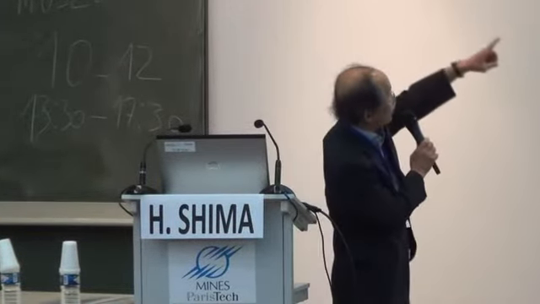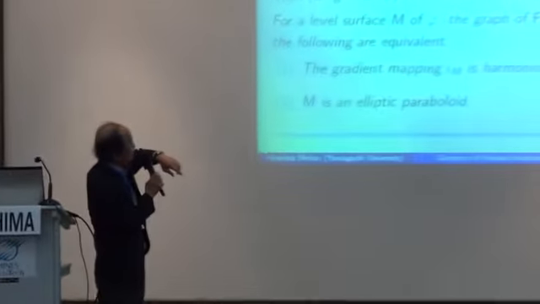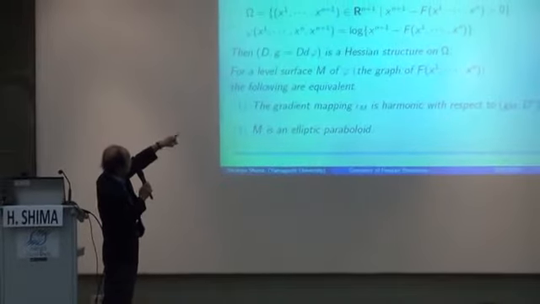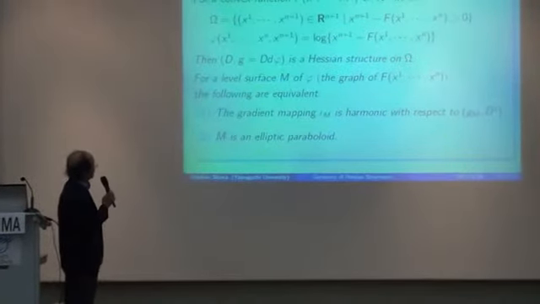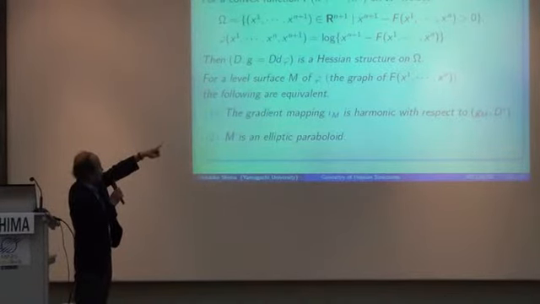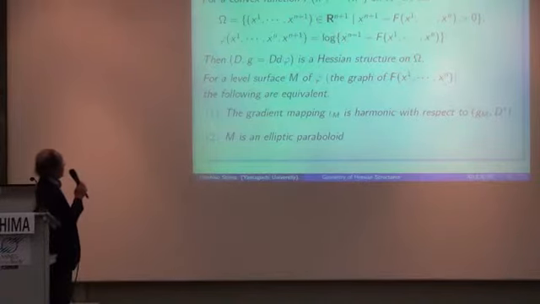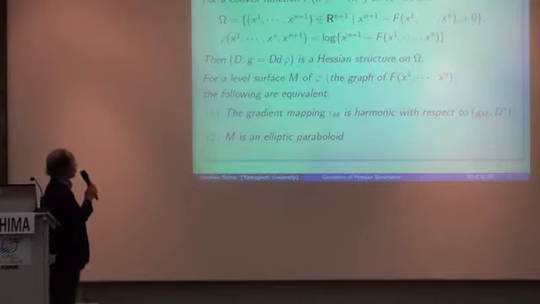For a convex function f(x_1, ..., x_n) on R^n, let Ω be the domain over the graph defined by x_{n+1} = f(x_1, ..., x_n). And let φ be a function defined on Ω by that equation. Then the Hessian of φ is positive definite, and we have a Hessian structure on Ω.